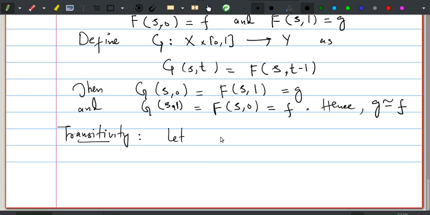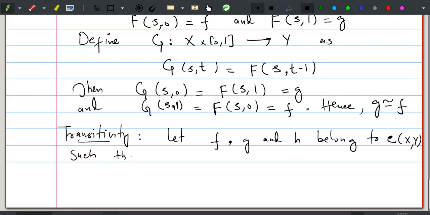Let f, g and h belong to C(X,Y) such that f is homotopic to g and g is homotopic to h via the homotopies capital F and capital G respectively.